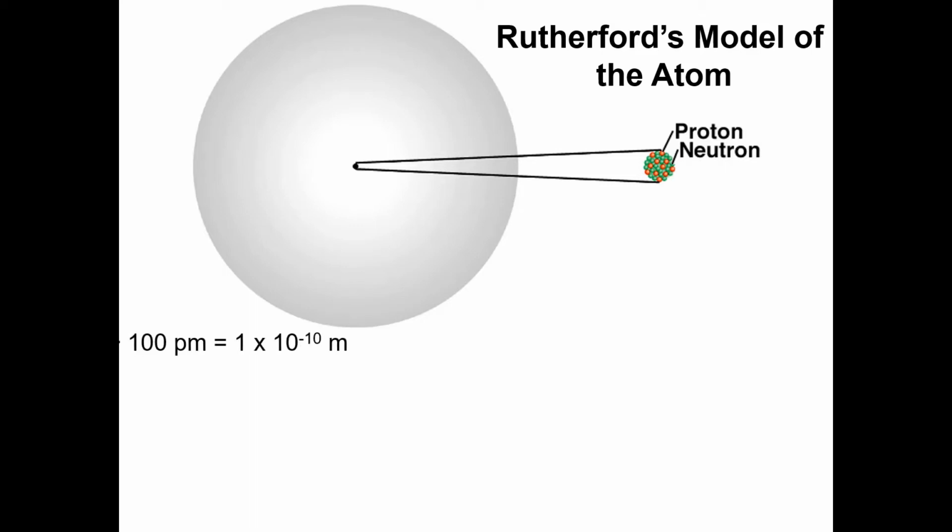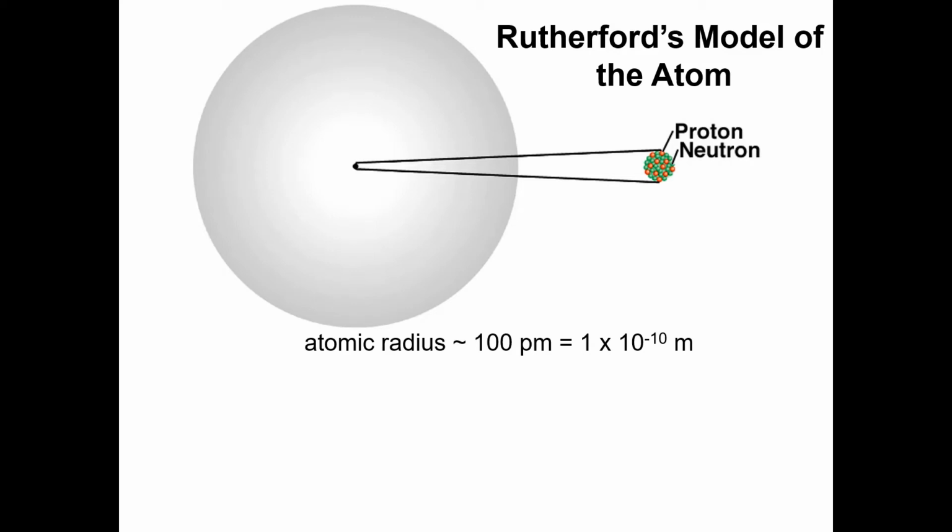For comparative purposes, realize that an average atomic radius would be about 100 picometers, whereas the nucleus by itself would have a radius of about 5 thousandths, or 5 times 10 to the negative 3 picometers. So yes, these are very, very small numbers.